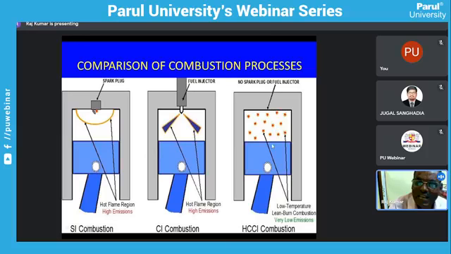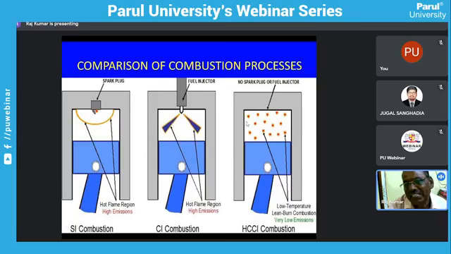Now in an HCCI engine, there is no sparking plug. The firing will take place automatically. The burning will take place automatically. As per the latest vehicles, latest devices, we can change the compression ratio as per the engine speeds.